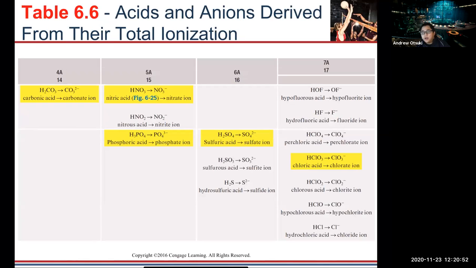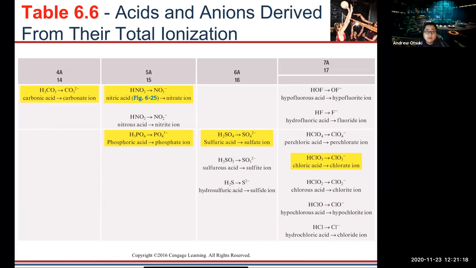Okay, so here are some of the ions that form by complete dissociation or separation of the ions in the acid. Carbonic acid loses two protons, forms carbonate ion, nitric, nitrate ion, nitrous, nitrite, phosphoric, phosphate, etc.